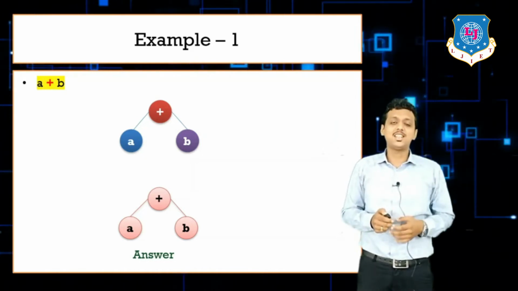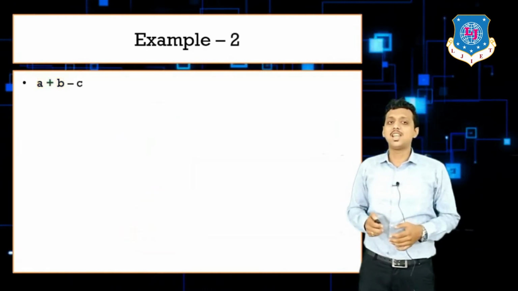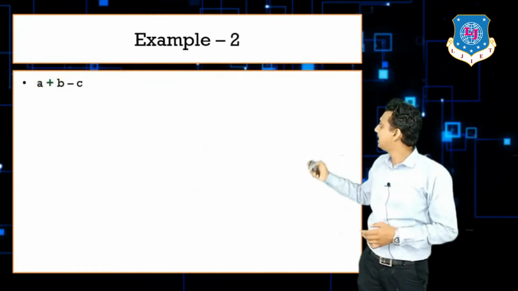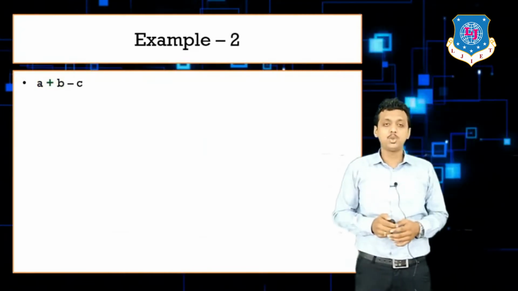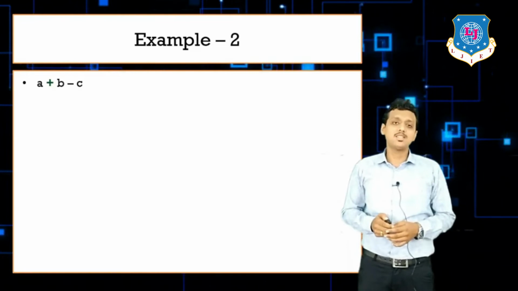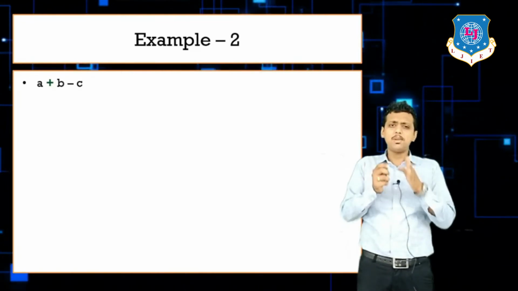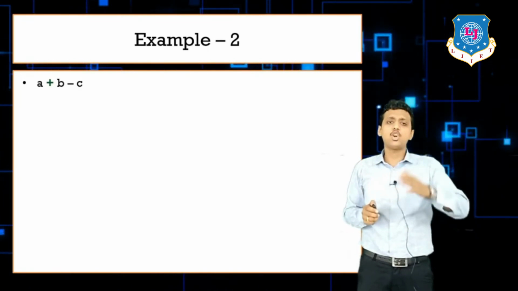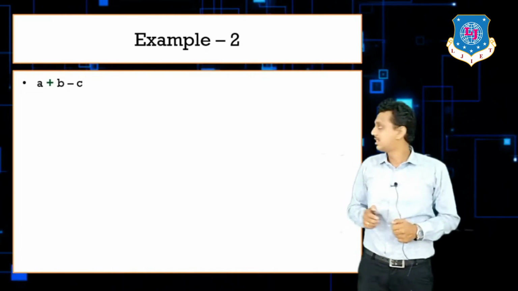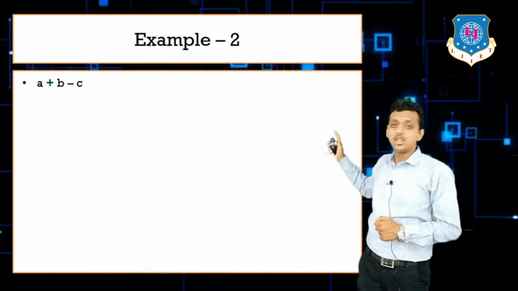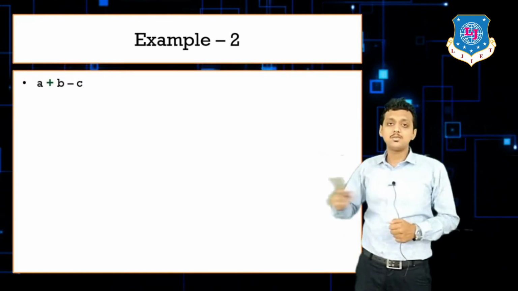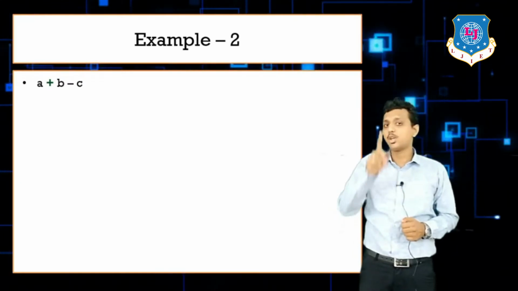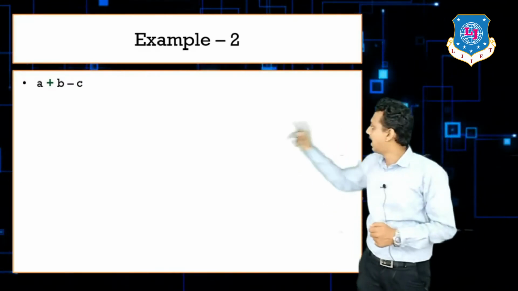Okay, so let's take another example. Students, next we have a plus b minus c. Example number 2, a plus b minus c. From a plus b minus c, which operator do we need to solve first? See, according to the precedence rule, plus and minus both have the same precedence. That's why you need to go from left to right.